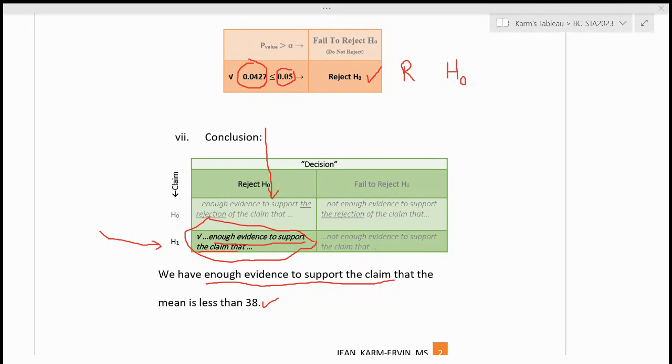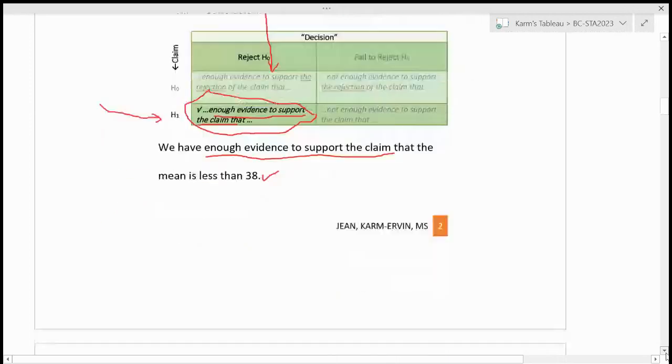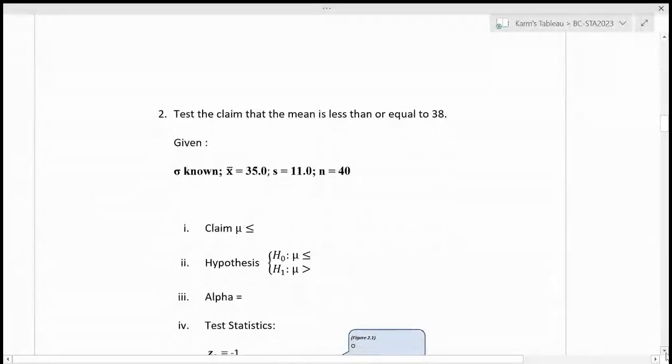Because you say to reject H0 and the claim is of H1, therefore this is true. Now the next thing I'm going to be doing is for you to, no, it doesn't mean it's automatically true. That's the purpose of the next example. So try to do this example on your own.